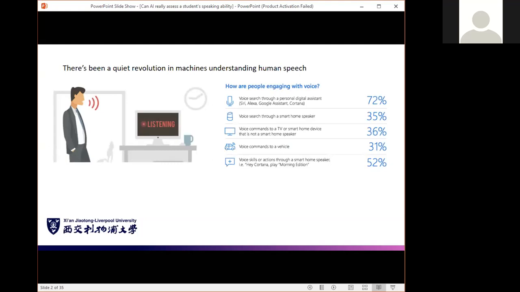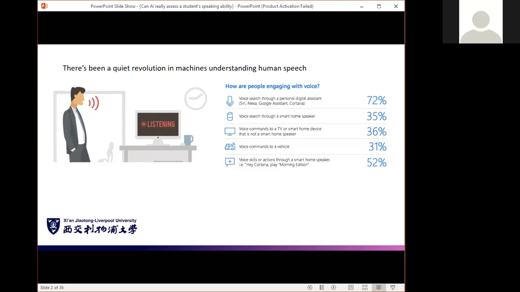So here are some statistics I just grabbed quickly. Sorry, no source here, but let's call them estimations. How people are engaging with voice. Voice search: the most common use of a voice-activated device is doing searches for information. Siri, Alexa, Google Assistant, Cortana.